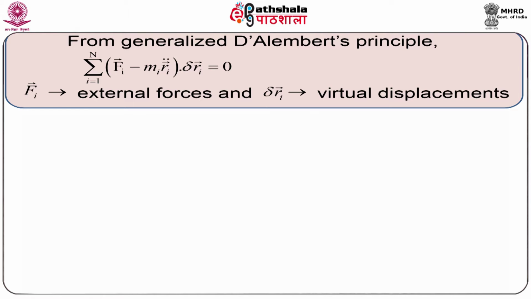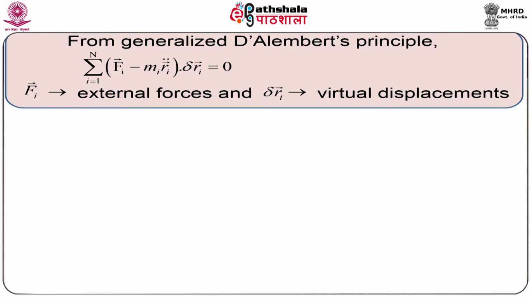From generalized D'Alembert's principle, we have summation over i of fi vector minus mi into Ri vector double dot, dotted with delta Ri vector, equal to 0. Here we are considering the scalar product or dot product of two vector quantities.